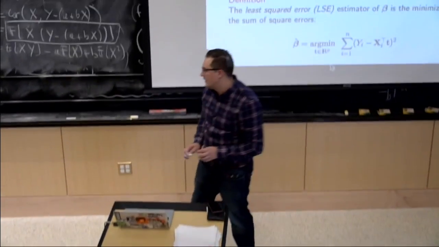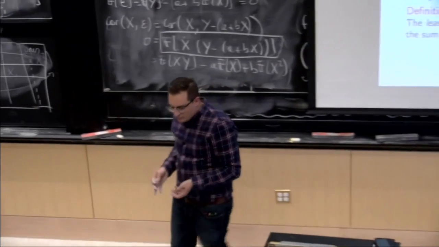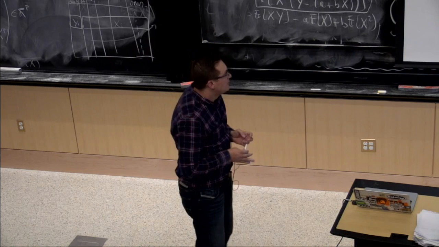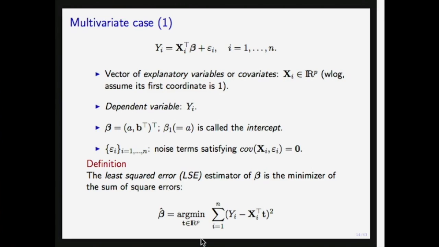But you can definitely formalize that fairly easily mathematically and just talk about vectors. Now if I talk about the least squares estimator of beta, it's simply the same thing as before. Remember, you should think of beta as being both the pair a, b, generalized.